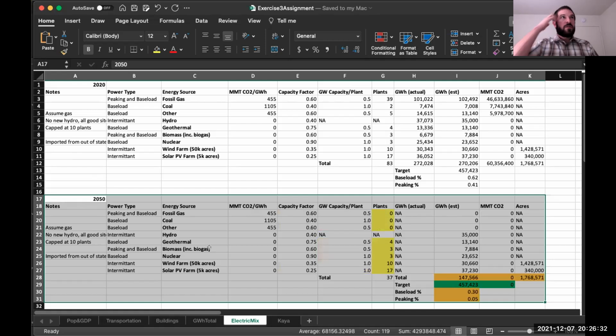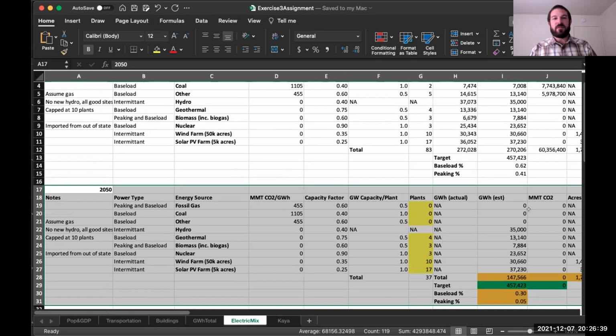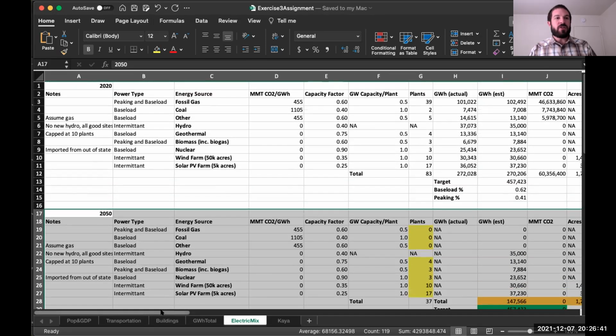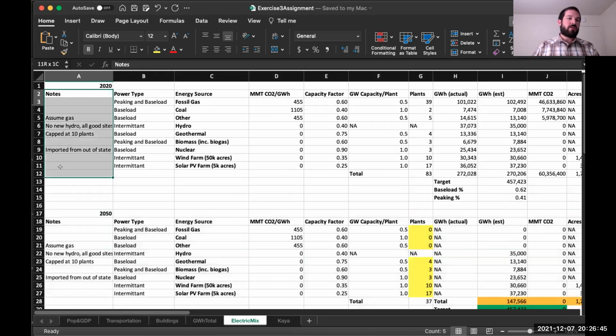Is this hard to read? Is it too small? So essentially what you have here is a column of notes that describes some things about these different energy types. You have the type of power, whether it's base load, intermittent, or peaking.